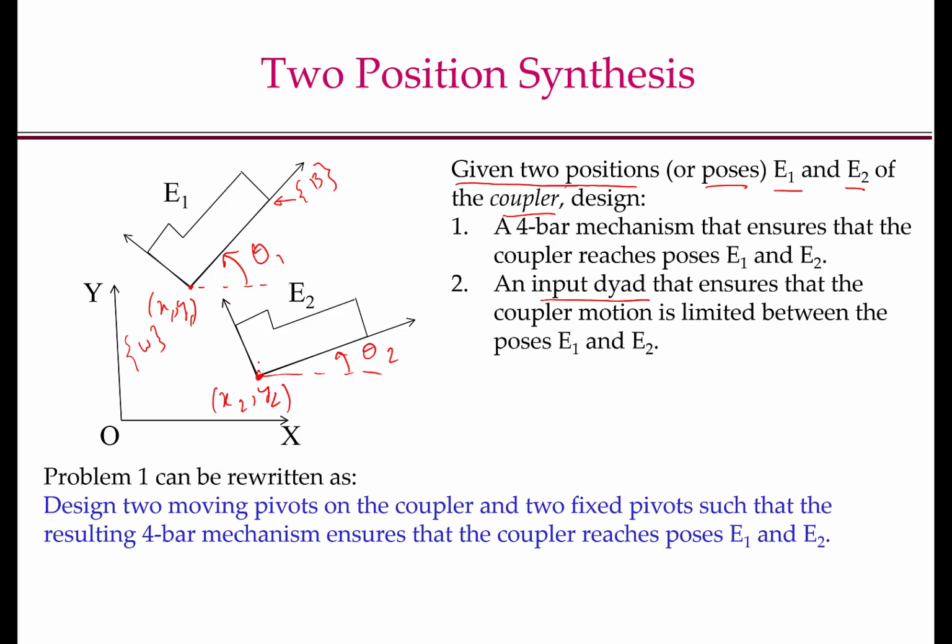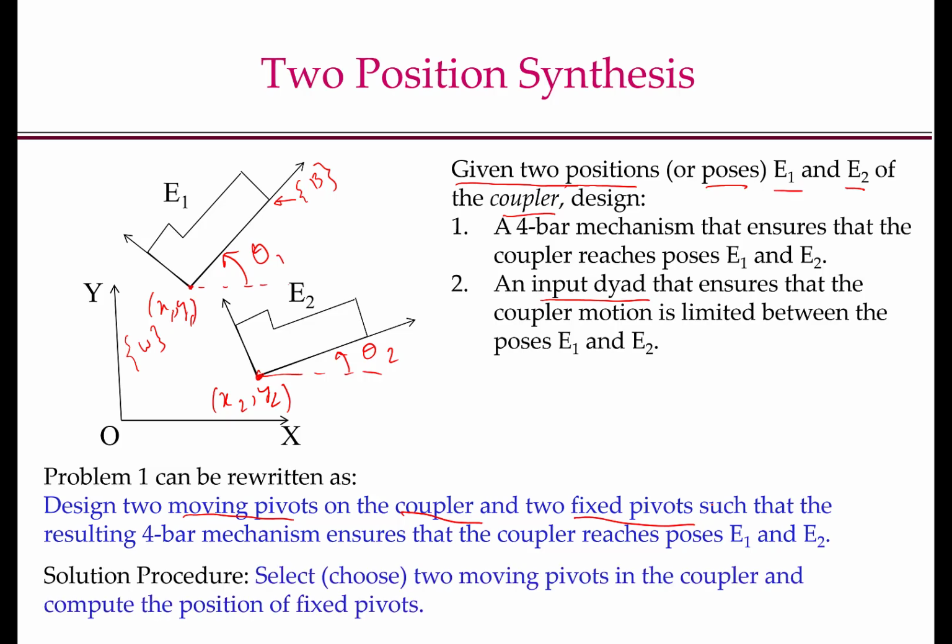Problem 1 can be rewritten as designing 2 moving pivots on the coupler and 2 fixed pivots such that the resulting 4-bar mechanism ensures that the coupler reaches poses E1 and E2 through a continuous motion.